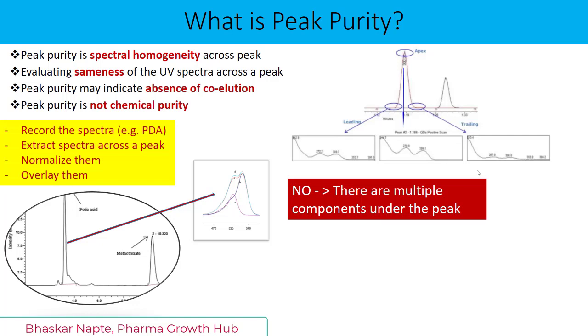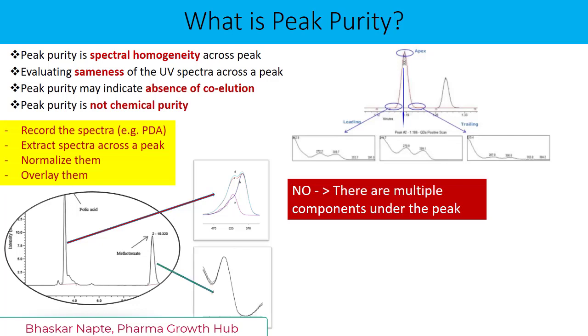What this indicates is that there may be a possibility of multiple components under the given peak. So what you are getting as a peak of folic acid may not be only folic acid, but there must be something co-eluting along with that. Why? Because the spectra are not homogeneous.